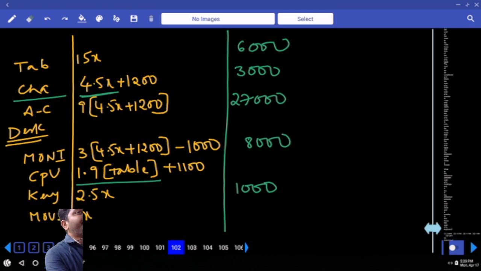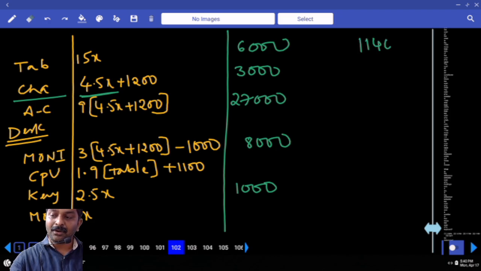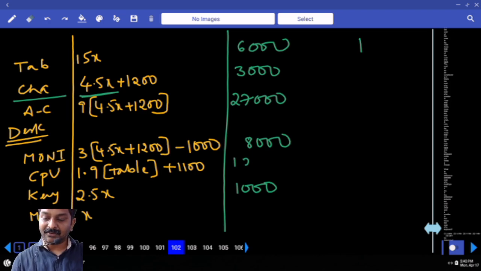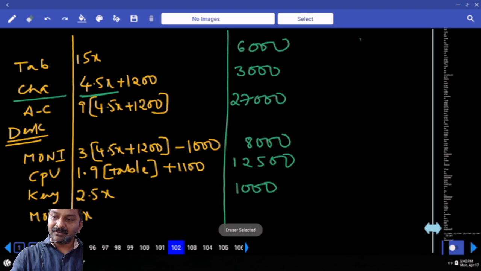In 6000 forget about 1 zero and 1.9 becomes 19. 19 6 times is 114. How much does it become? 11400 plus 1100, that means 12,500. 12,500. Next, mouse cost. What was the mouse cost?